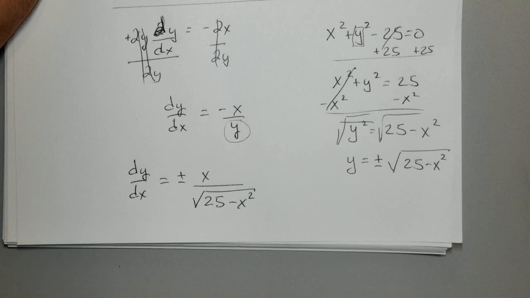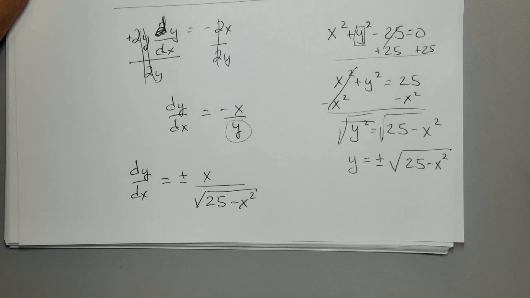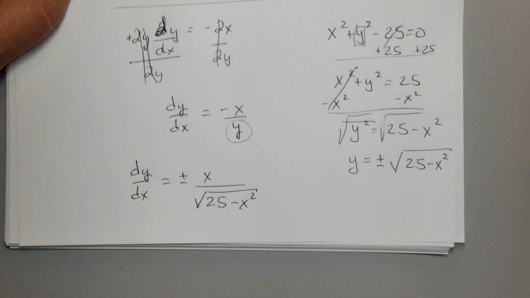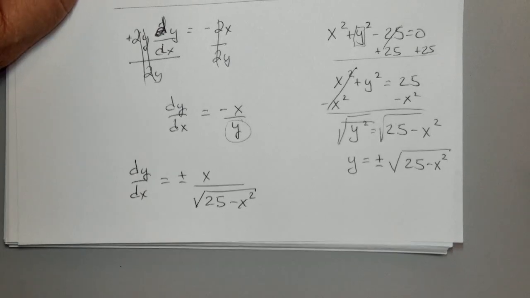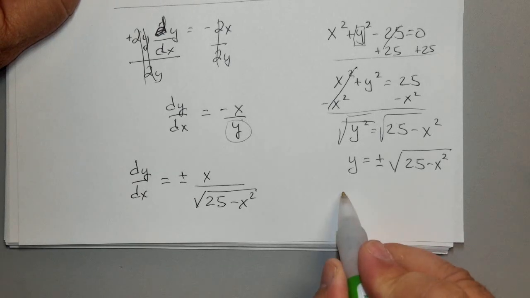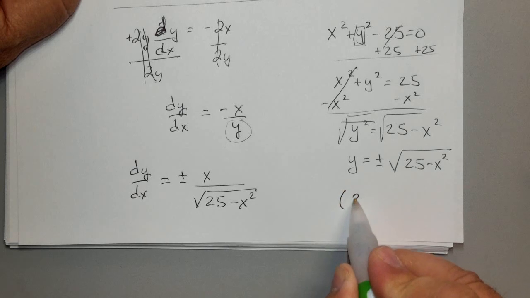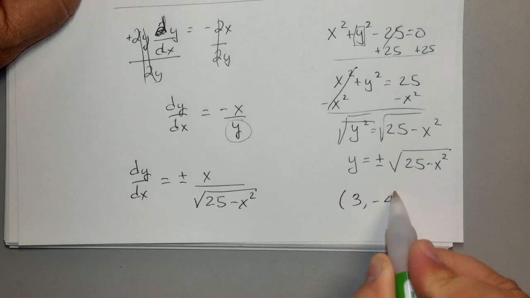Now we found the derivative at that point. Remember, we're looking at it from the point 3, negative 4.